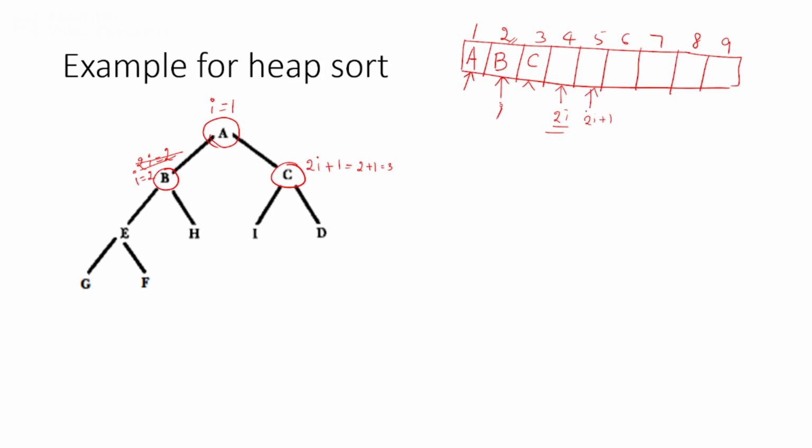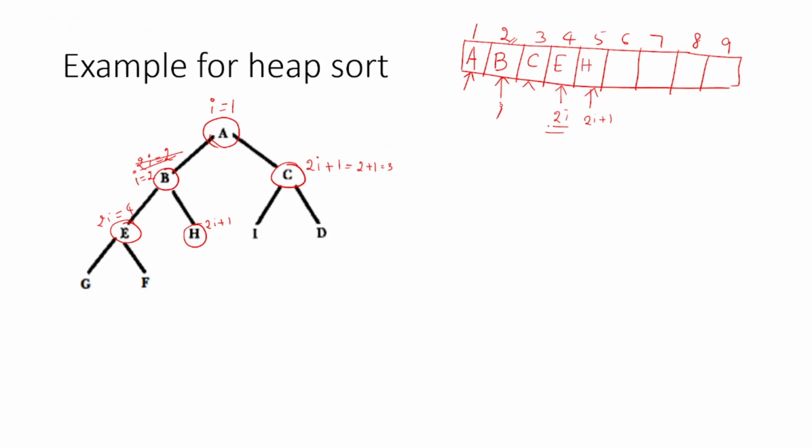So in the fourth position I will include E, and in the fifth position, 2i plus 1 is nothing but 4 plus 1, 5. So in 5 I am going to allocate H.